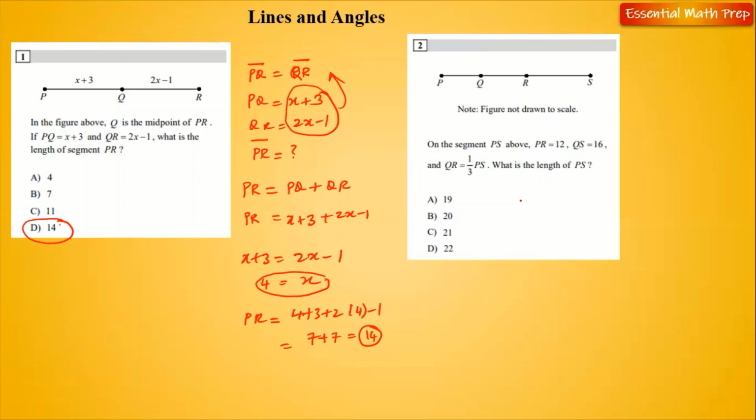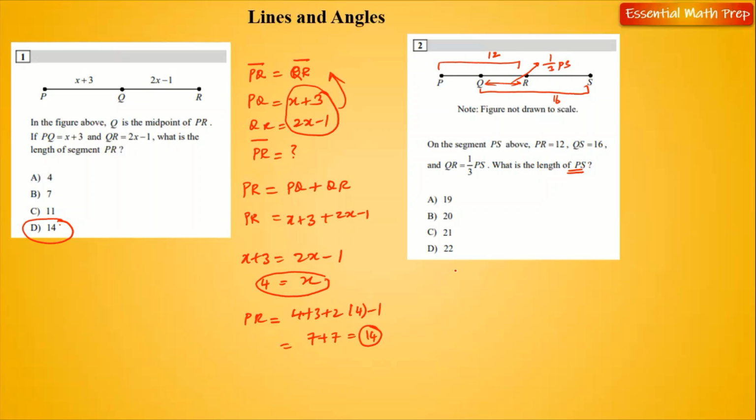Okay. On the segment PS above, you're told PR is 12, QS is 16, and QR, this small segment right here, is 1/3 of PS, and you're asked to determine the length of the segment PS, right?